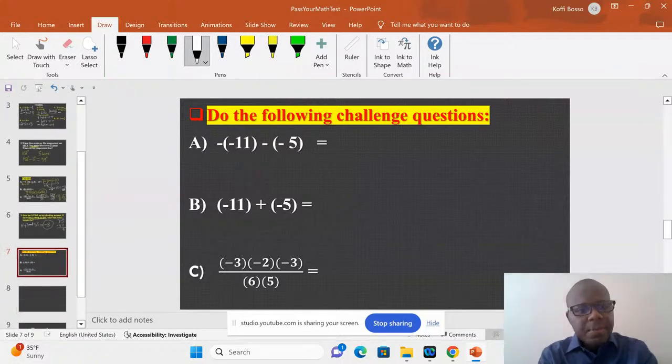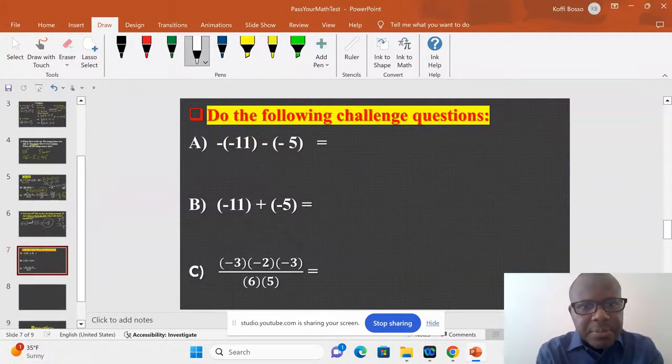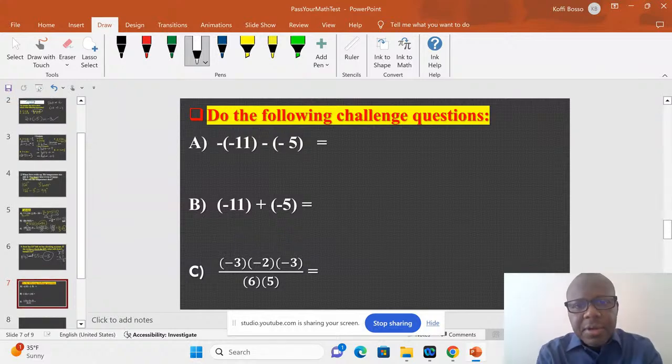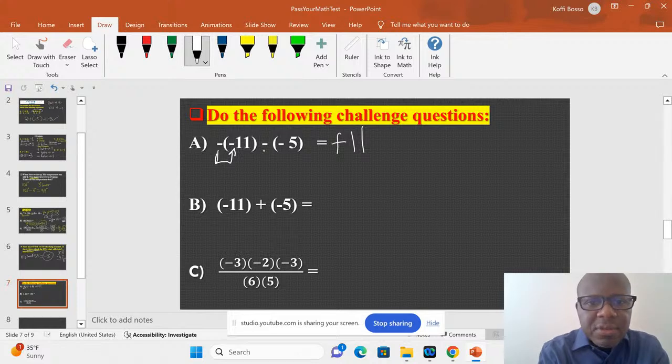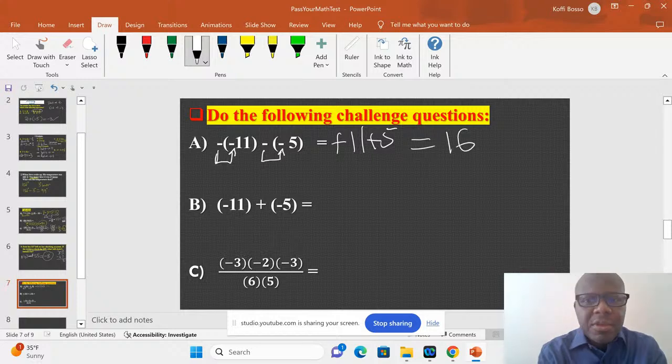Now here we have another type of addition and subtraction to do. I'm going to remove the parentheses, but the negative sign here will hit this negative sign to turn it to positive. So it'll be positive 11. This negative sign hits the negative sign, positive again, 5. So 11 plus 5 is 16.